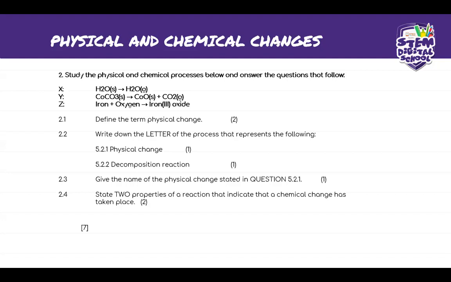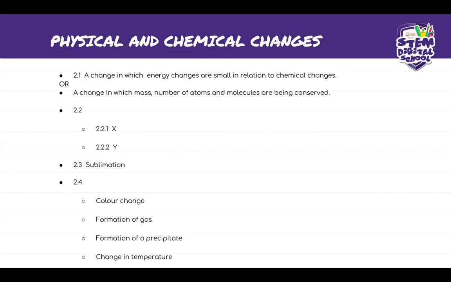So number 2.4, state two properties of a reaction that indicate that a chemical change has taken place. That would be the color change, formation of a gas, formation of a precipitate, and the change in temperature. So those are the things that can tell you.